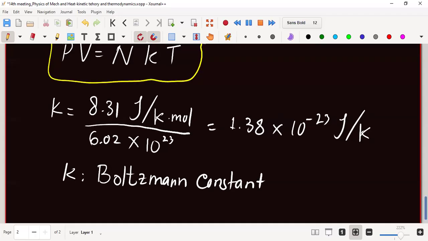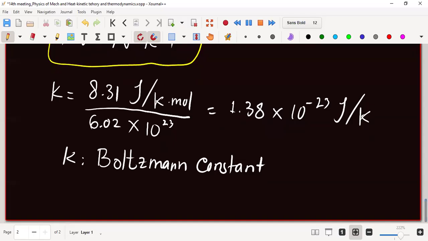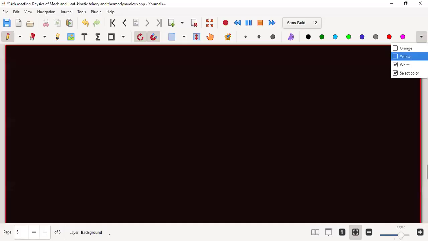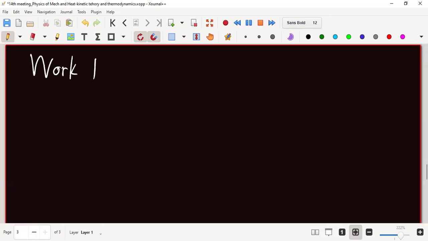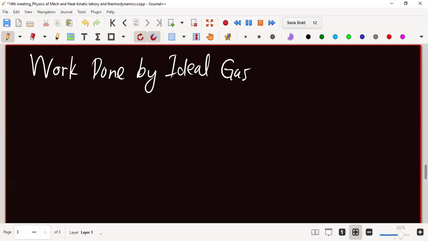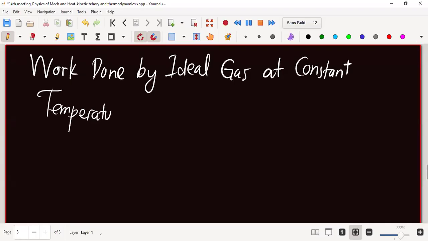Okay, then continue to work done by ideal gas at constant temperature. Okay, work done by the ideal gas at constant temperature.